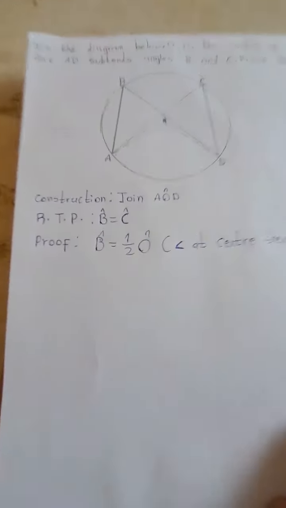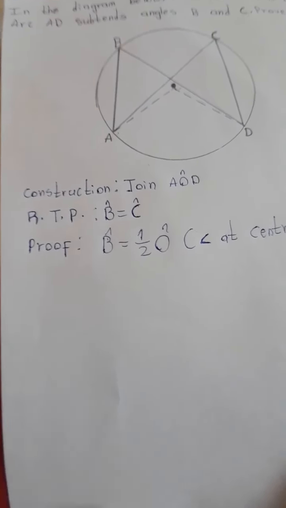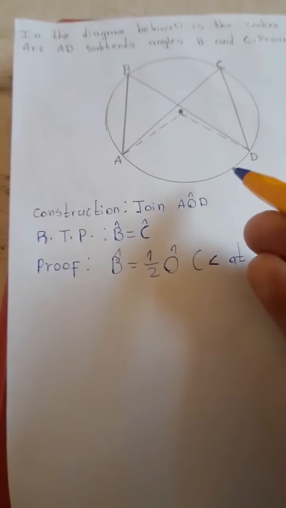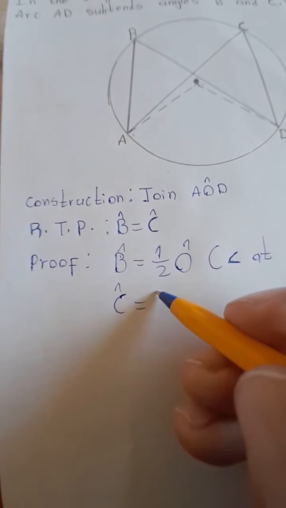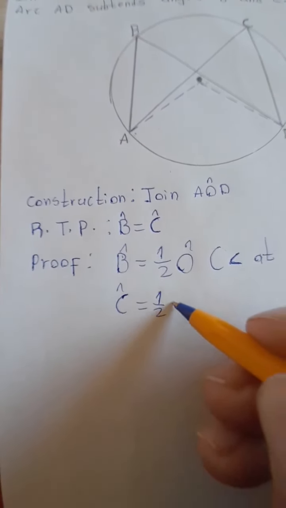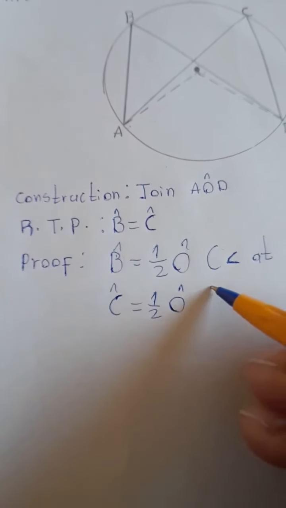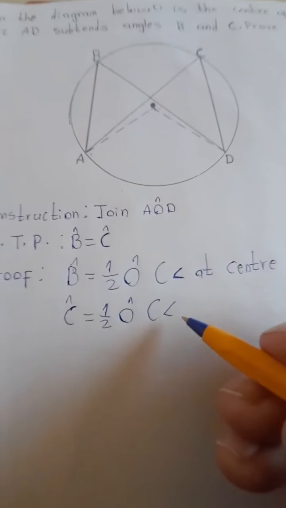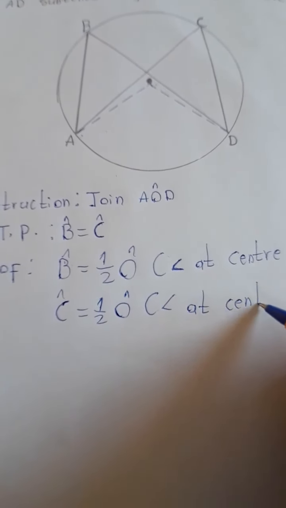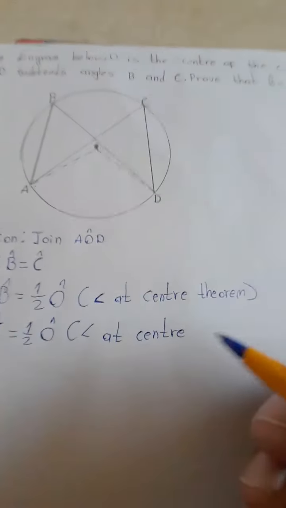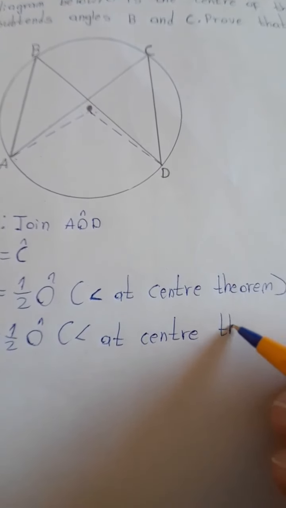Similarly, we can say angle C is equal to half angle O because of the angle at center theorem.